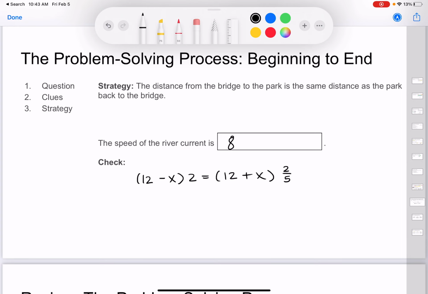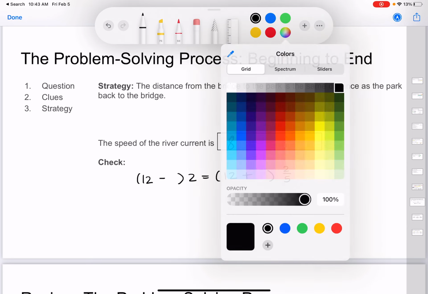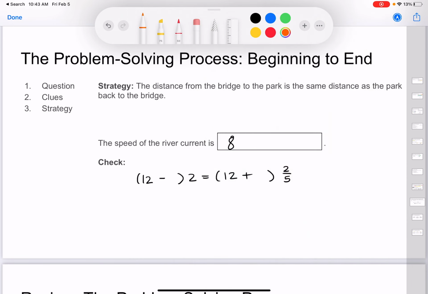Now I want to go ahead and plug in the 8. We need to do it in the parentheses first.